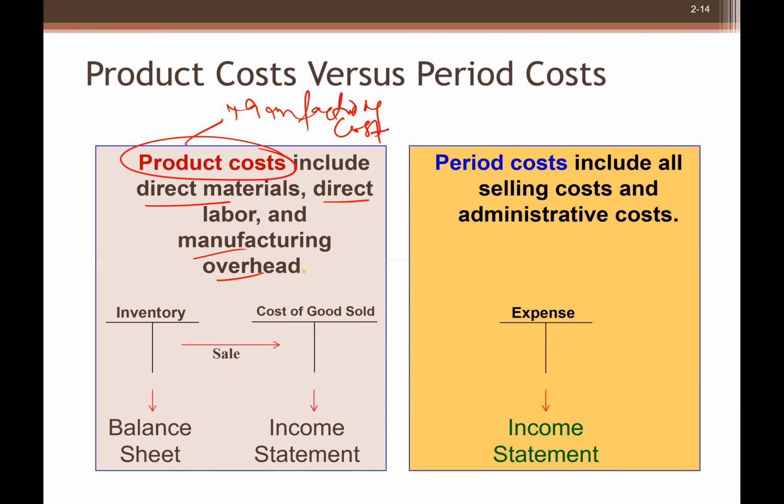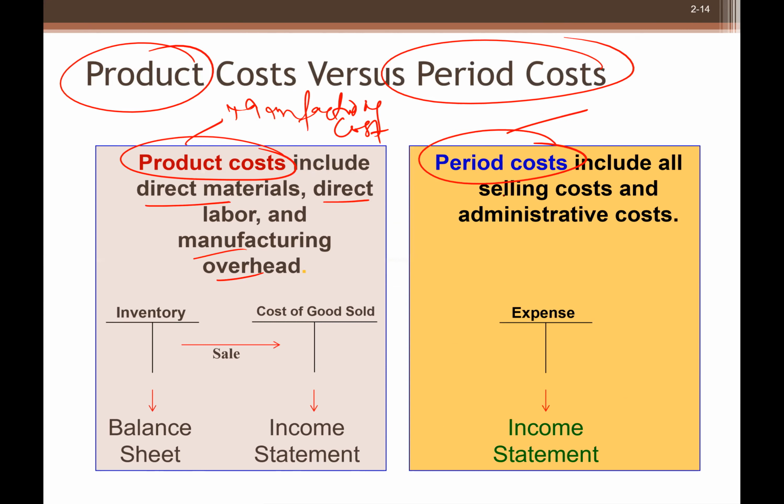So product cost, how much it cost us, we call that product cost. If we categorize the cost based on product cost and period cost, remember, product cost is equal to direct material, direct labor, and manufacturing overhead, while the period cost will be selling and administrative cost, which is non-manufacturing cost.